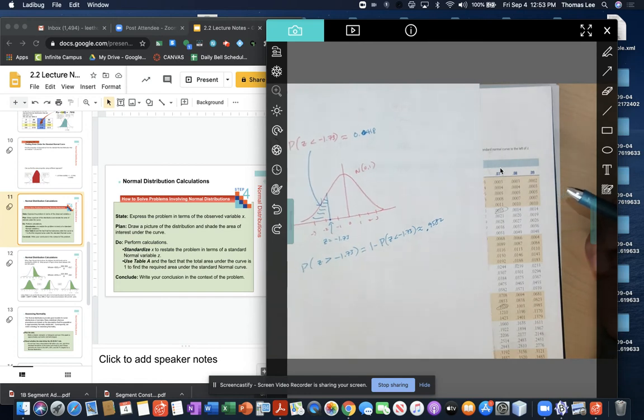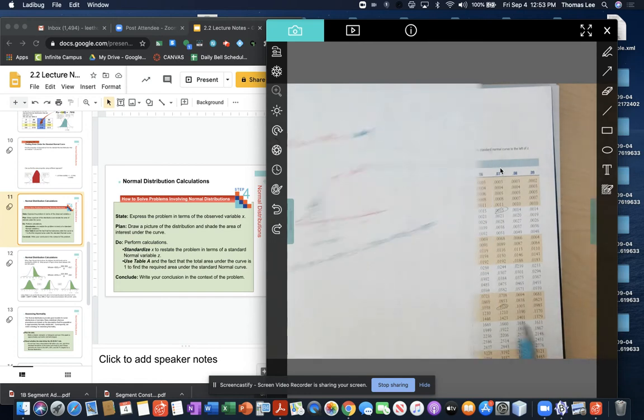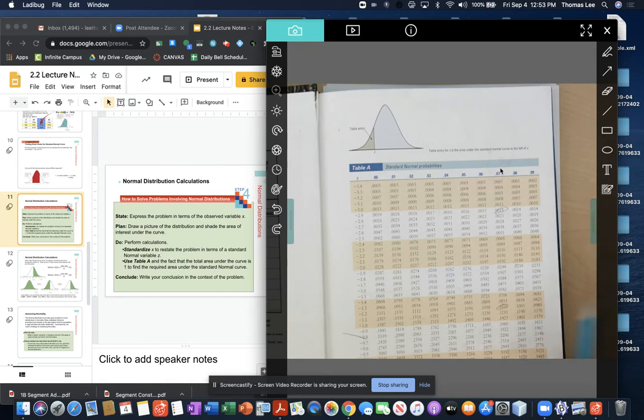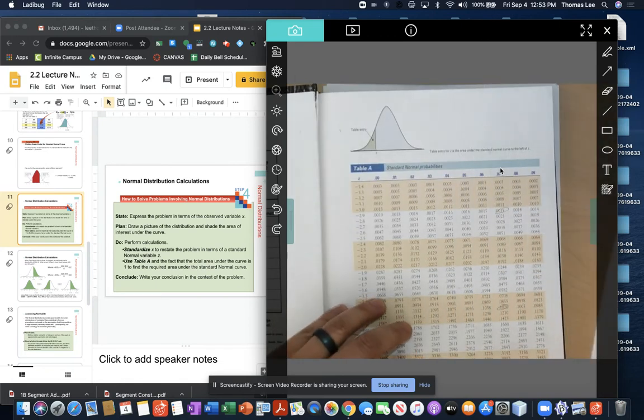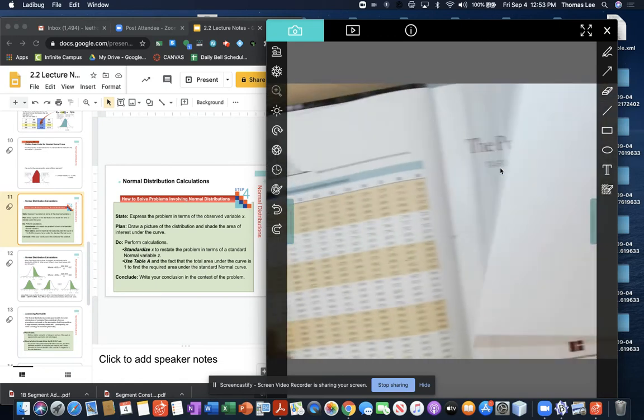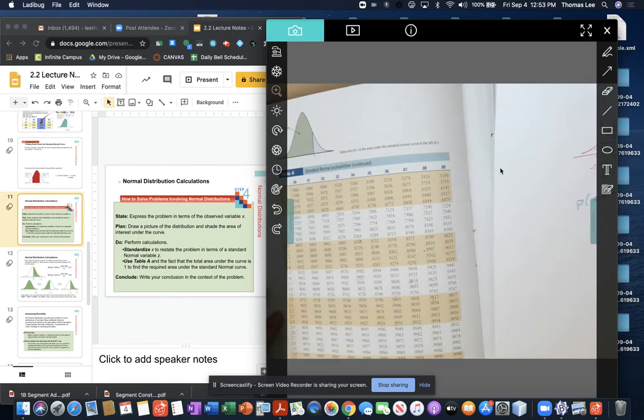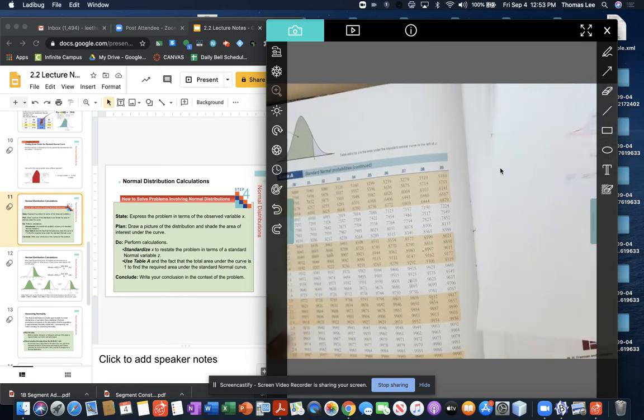Just go to the critical value and either use the actual value from the table or the complement of that value. You can also find intervals between two critical values. How would you do that?